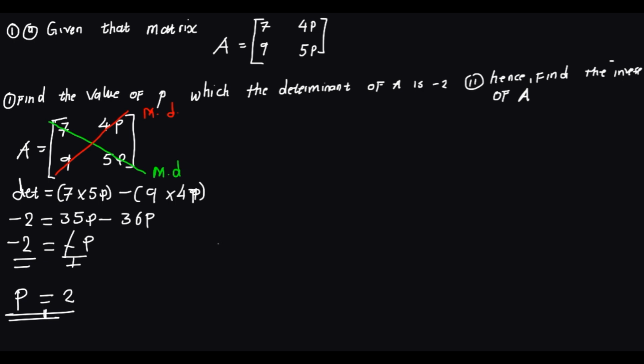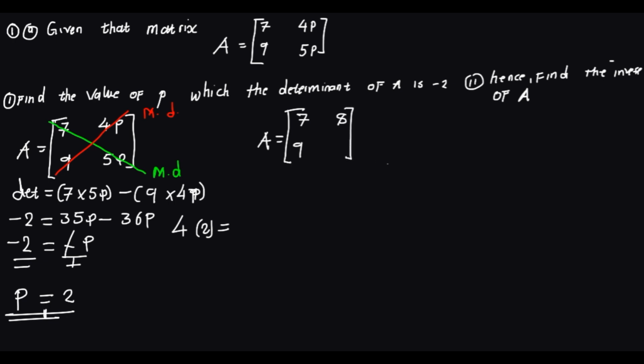So if we are to now find the actual matrix A, matrix A now will have the elements 7, 9. So if we substitute p by its value, 4p, our p is 2. 4 times 2 is 8 here.